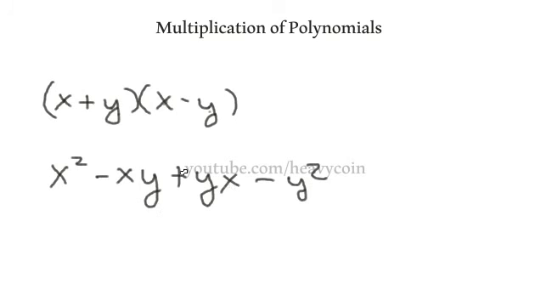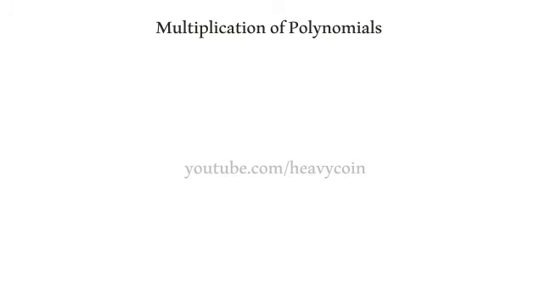And then of course we want to simplify this down. We have a minus xy and a plus xy, so those are going to cancel out. And we're left with x squared minus y squared. That's the difference of two squares. So we could say that this is equal to x squared minus y squared.